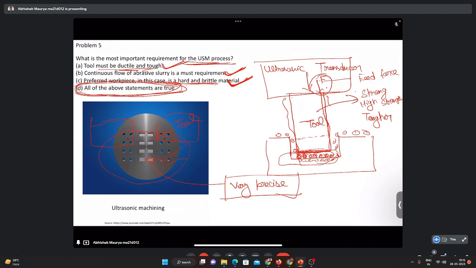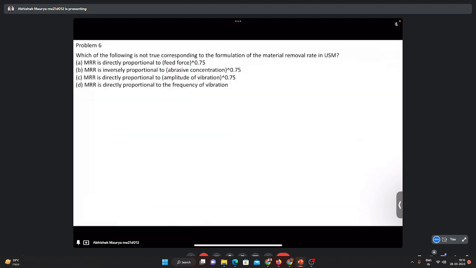Is it clear to everyone, or is some more clarification needed? Please let me know. If it is clear to everyone, shall I move to the next problem? Okay, let's move to the next problem. Please read the problem and try to give your response in the chat box.